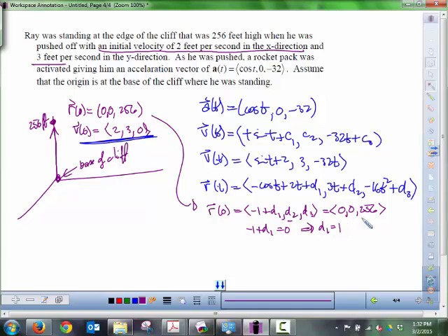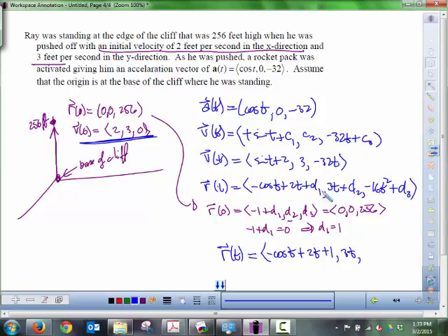Okay? So our final position should be negative cosine t plus 2t plus 1.